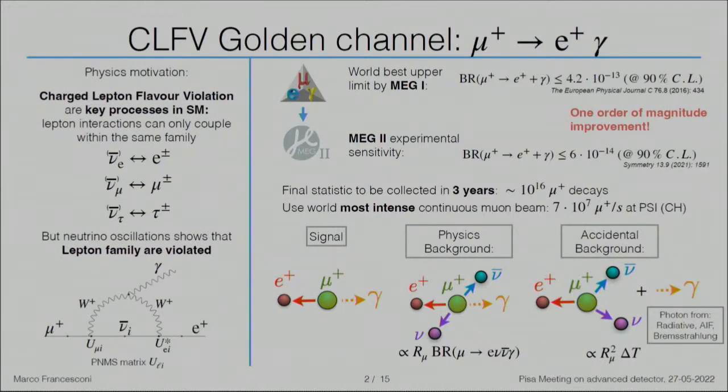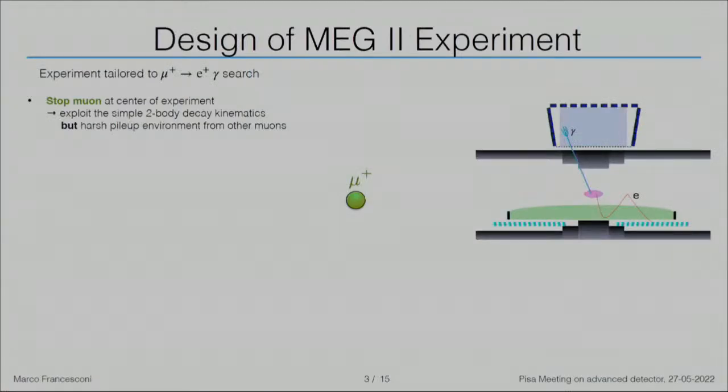And since this is an accidental coincidence, it scales with the square of the muon rate, and given that we are running at pretty high beam intensities, even if we have very good time resolution, this is the dominant source of background.